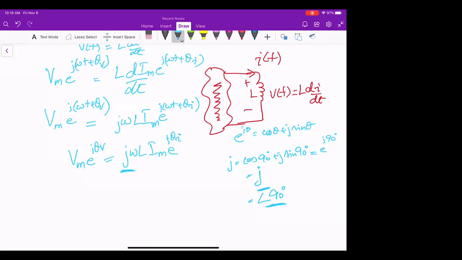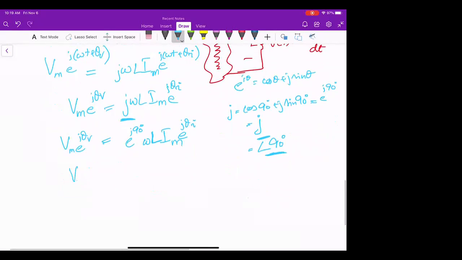So if I just replace this here, this is not angle, this is L. So I can write this in this form, which makes the theta v and theta i relationship clear: theta v is equal to theta i plus 90 degrees.